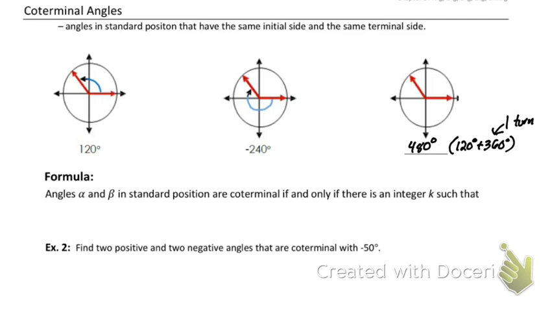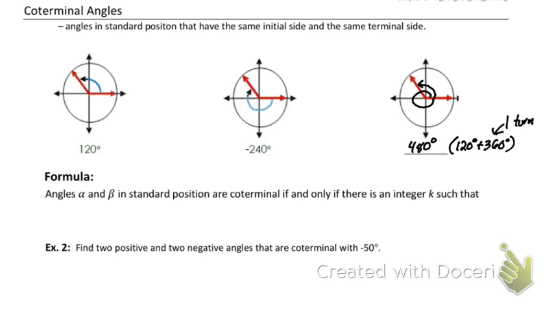I did one full turn. Add 120 to it, and we're coterminal. So the big thing about coterminal is 360 degrees. When I say coterminal, you should think 360 degrees. I'm still facing that exact same place because I'm just spinning in a circle over and over and over, hitting the same point.